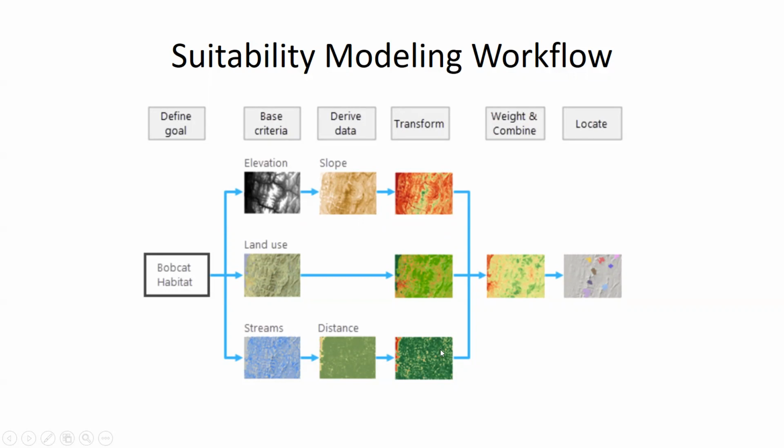You then combine these three, essentially you stack them together, right? And create this surface that allows you to determine where that habitat is going to be most favorable, and you then locate the spots. So here you're looking at those spots, 1, 2, 3, 4, 5, 6, 7, right? 7 locations within this area where bobcat habitat is going to be optimal. So here I'm giving an example from the natural sciences about bobcat habitat, but you can do the very same thing for locating dig sites for archaeologists.